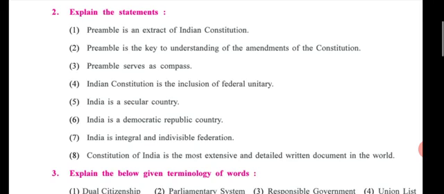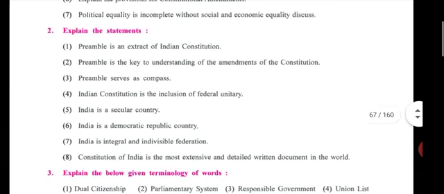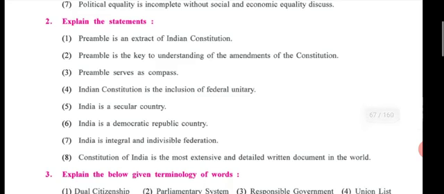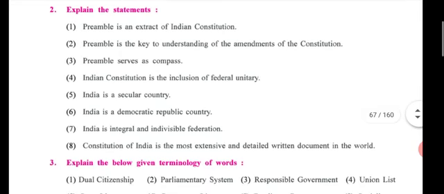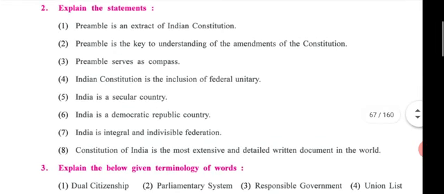You read and learn, but do not write. It can come in the examination.